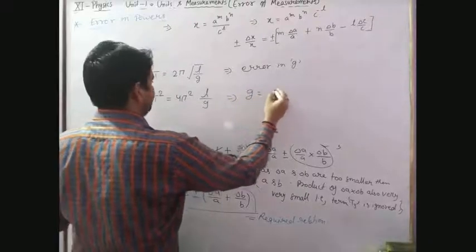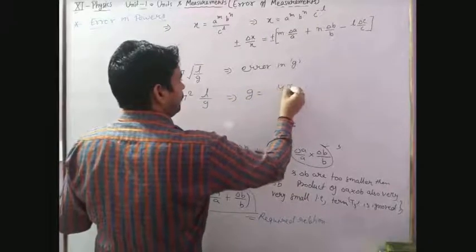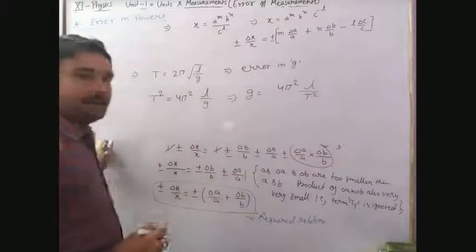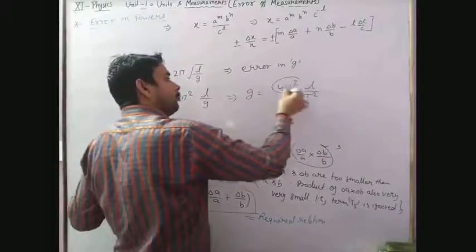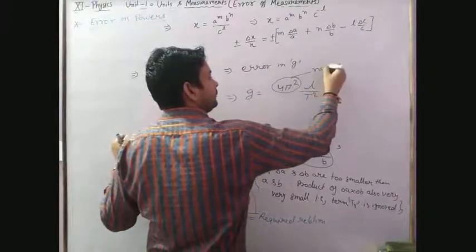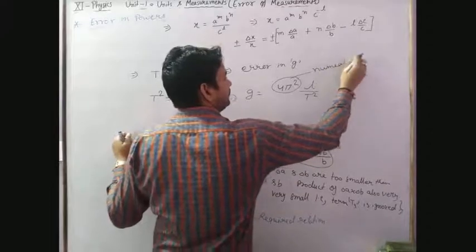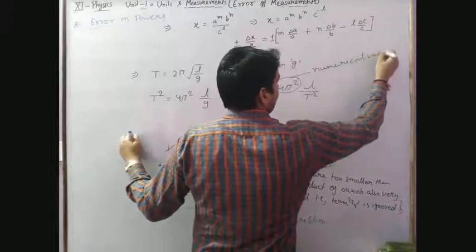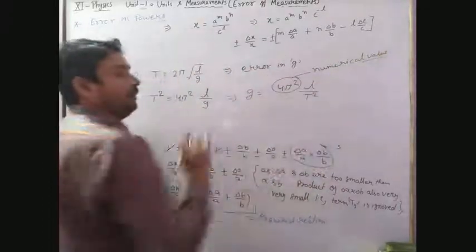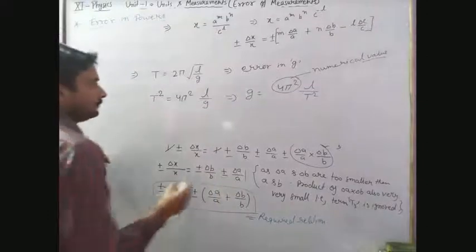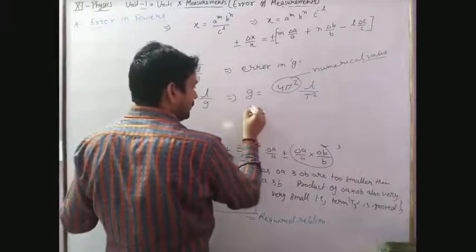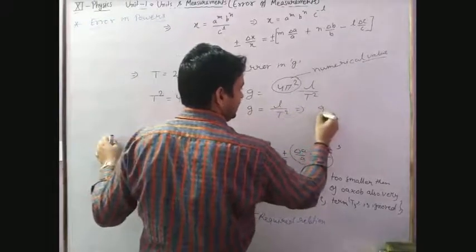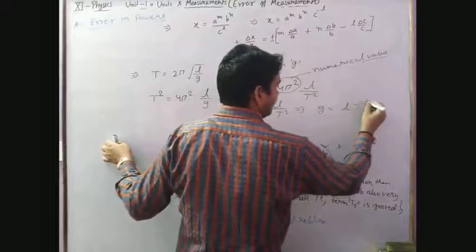You will get this relation: g = 4π² L/T². It is very clear, students, that 4π² is a numerical value, it will be constant. Now we just need g = L/T², which can be written as g = L T^-2.